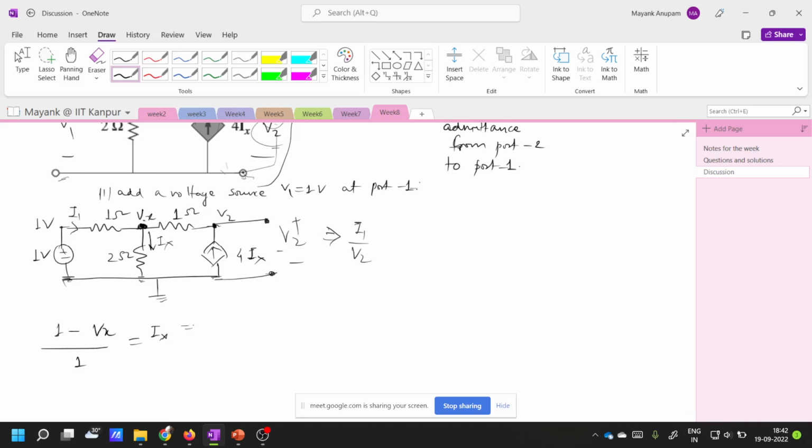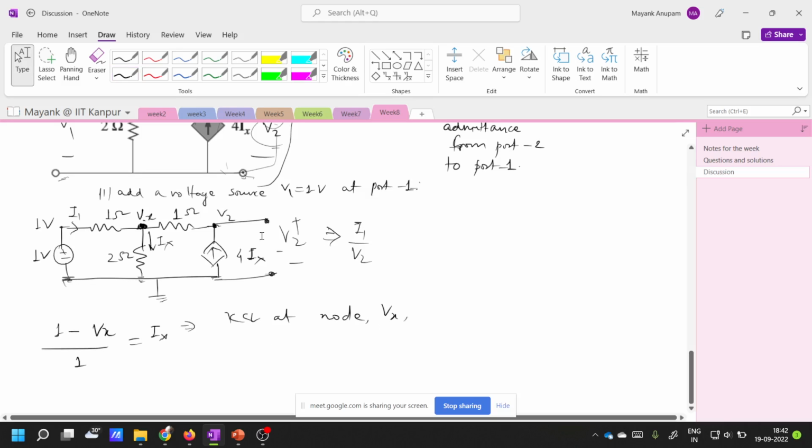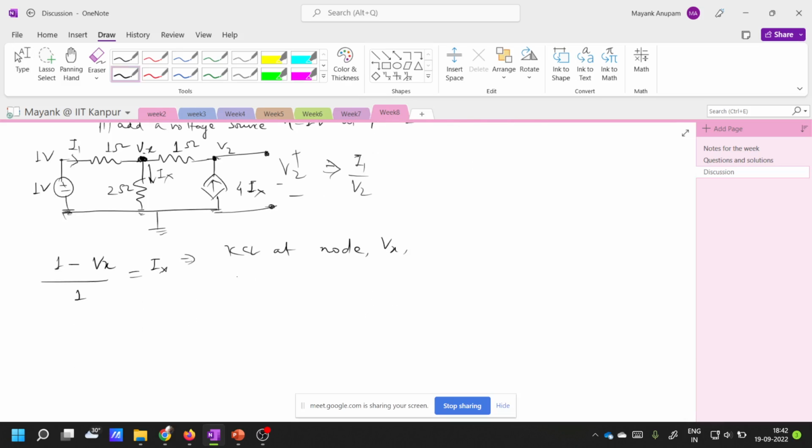So now let us write the KCL at node Vx. Let's write all the currents that are entering this node.